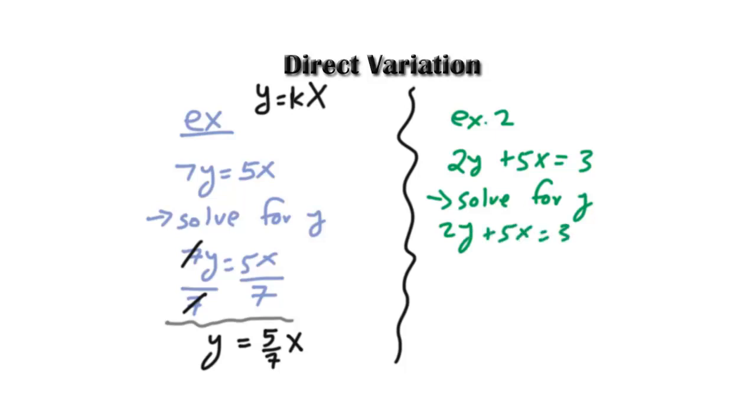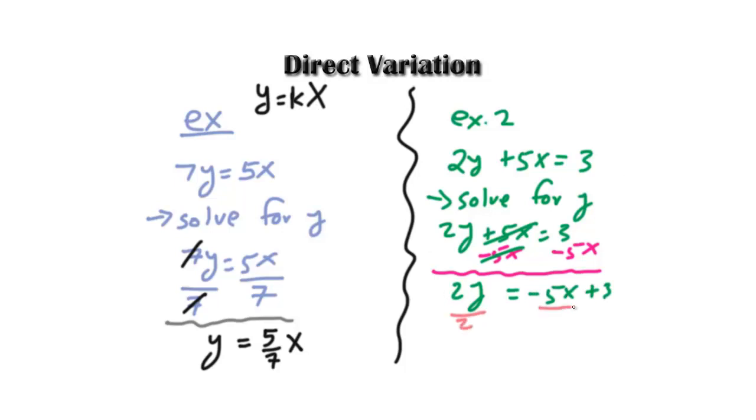The first step is minus the 5x, so you're left with 2y, and these cancel, and this is just negative 5x plus 3. The next step is to divide this by 2, this by 2, and this by 2, and that reduces to y equals negative 5 over 2 x plus 3 halves.